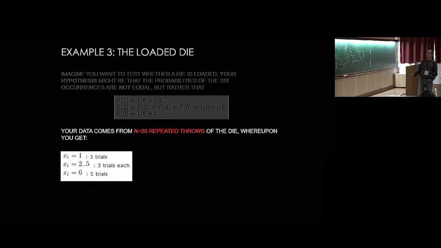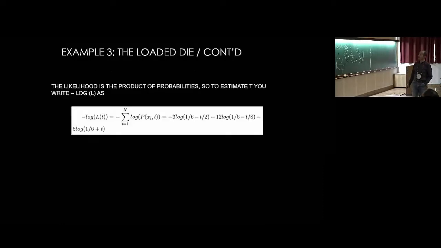How can you determine the load on the die with this data? Well, the load is affecting the PDF, and you have data. So you can construct what? A likelihood function, because you have the PDFs. So here I'm already giving it to you, and this comes up as 3 times the logarithm of 1/6 minus t/2, because this is the probability of 1, plus 12 times, because I have 12 die throws that give you 2 to 5, and this is the probability of that, plus 5 times the logarithm of the probability of a 6, which is that.